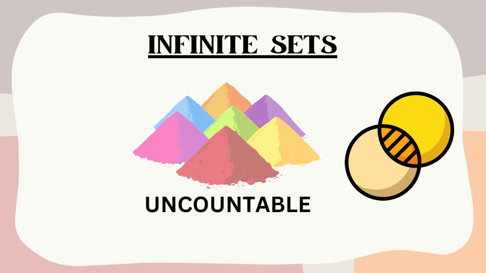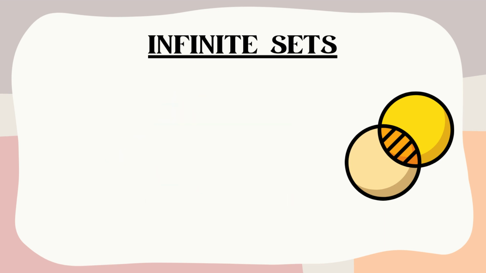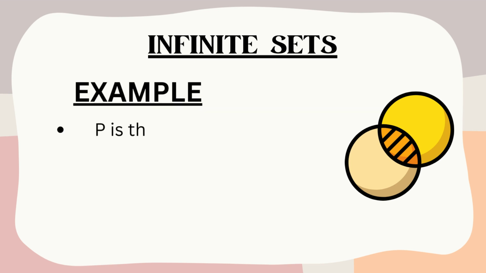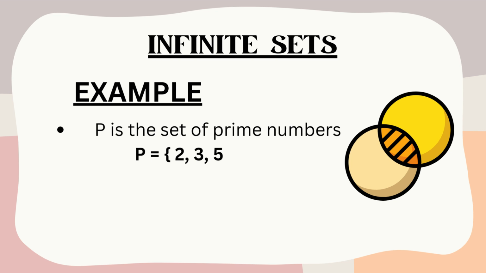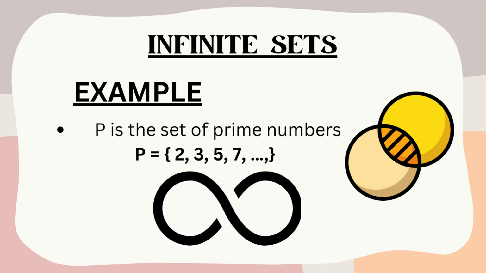Let's have a look at an example. Set P is a set of prime numbers, but it does not indicate up to which particular prime number. Therefore, the series of dots denotes that it is a set of prime numbers that is uncountable. It is an infinite set.